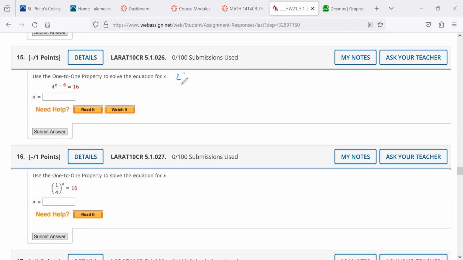So change the 16 into a 4. To rewrite that as 4 squared, right? Now these match, and the formula says, if these are the same, then you can set the powers equal to each other.